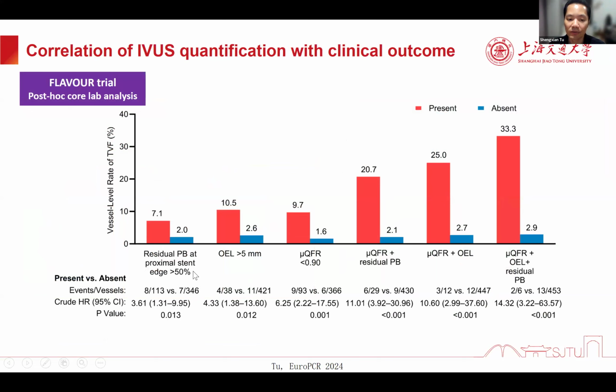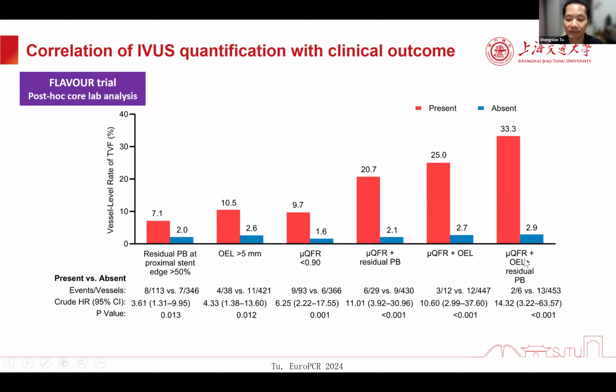So proximal radial plaque burden at the proximal stent edge more than 50%, overexpansion length higher than 5 millimeters, and μFR less than 0.90 are independent predictors. And when you add these three together, you have a very strong predictor value.